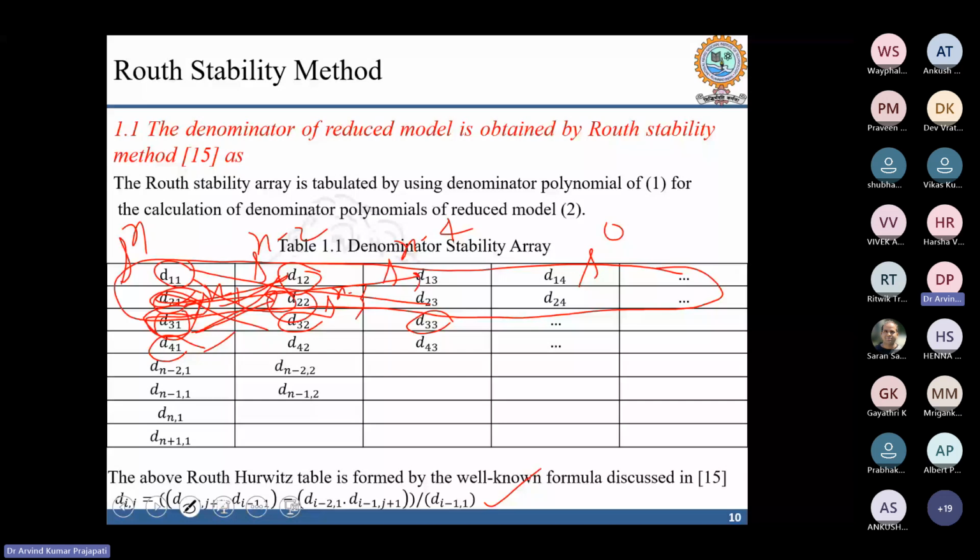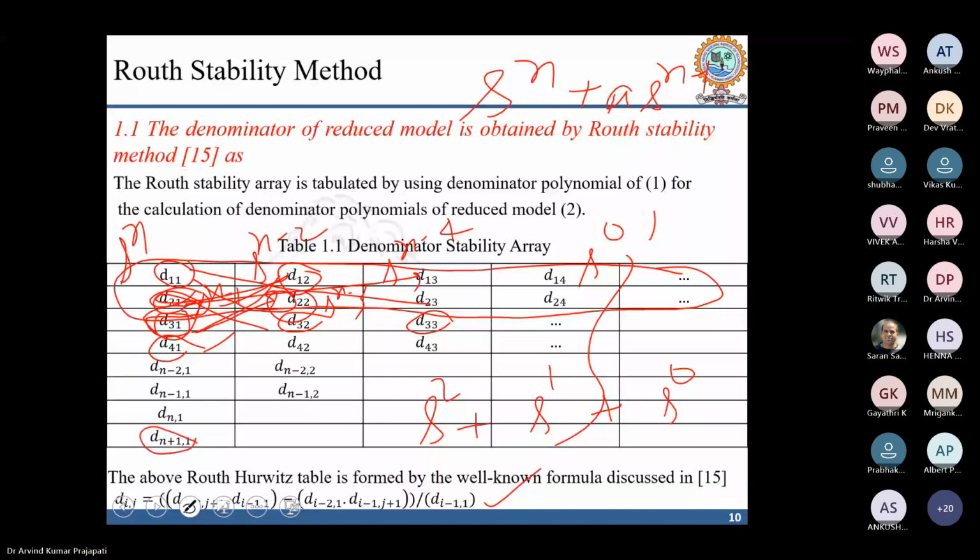After constructing these tables, you can just take the desired coefficients. Suppose we are going to reduce the nth order polynomial into a second order polynomial. What will I do? I will take the s to the power 2 coefficient, plus or minus the s to the power 1 coefficient, plus or minus the s to the power 0 coefficient.